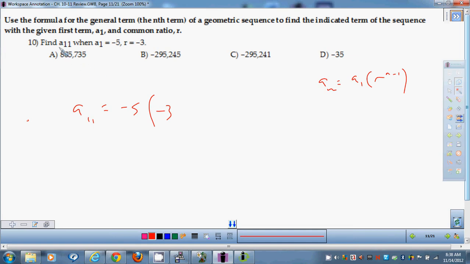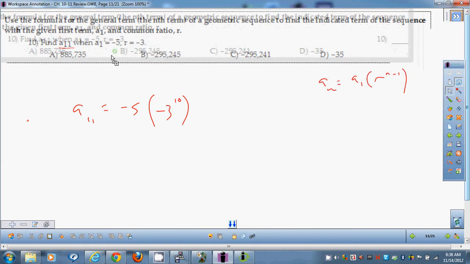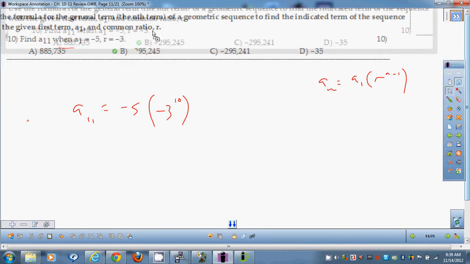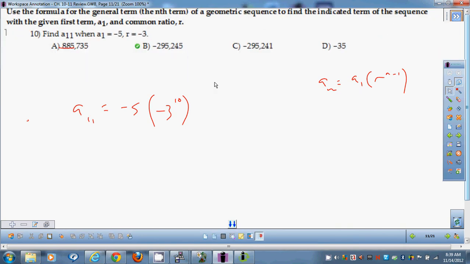It's 11. So N minus 1 is 10. So -5 times -3 to the 10th is going to be a ginormously huge number. And it will be negative. I'm guessing it's going to be B or C. Do you know that? Did you actually punch it in? It is B. Oh, excellent. Good job.